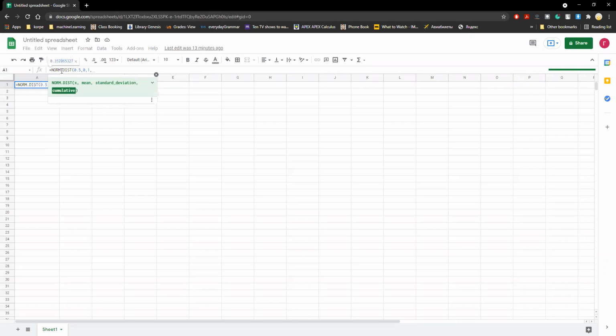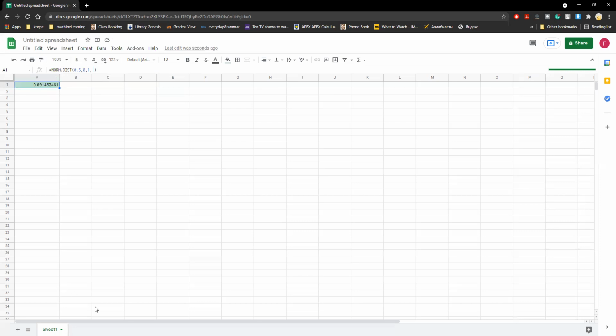And for cumulative, we put true. If you remember, if we put true for cumulative, we are working with the CDF, and false, we are working with the PDF. So we need the CDF here. The answer is 0.69.